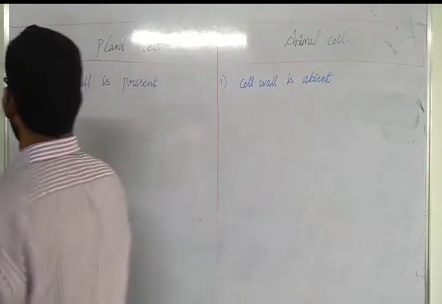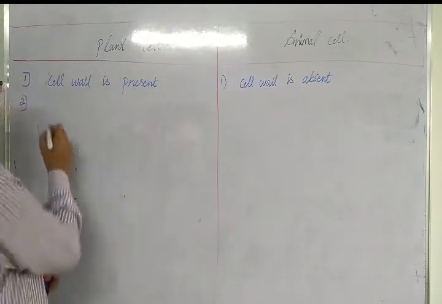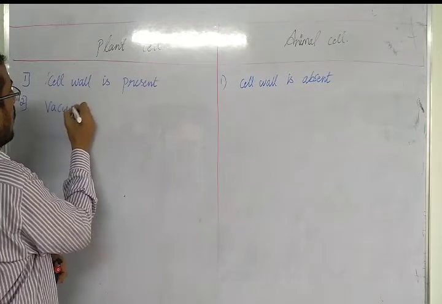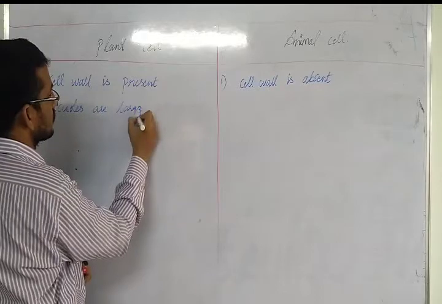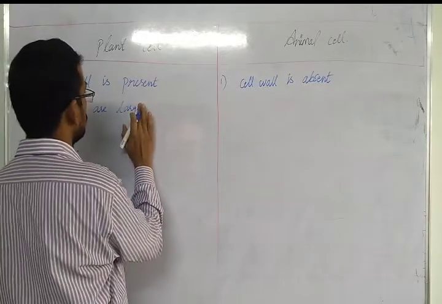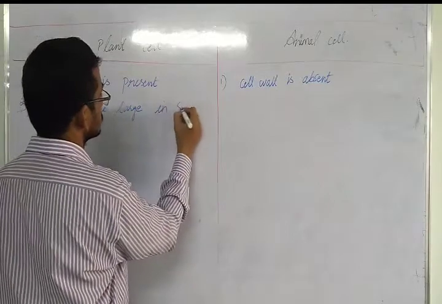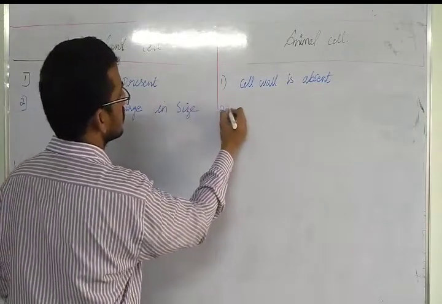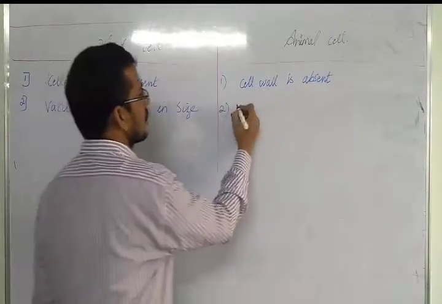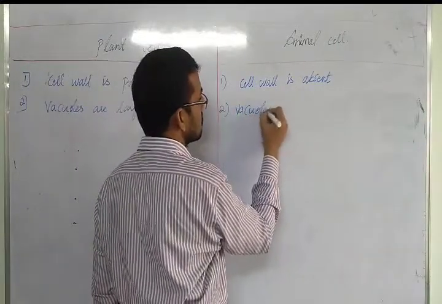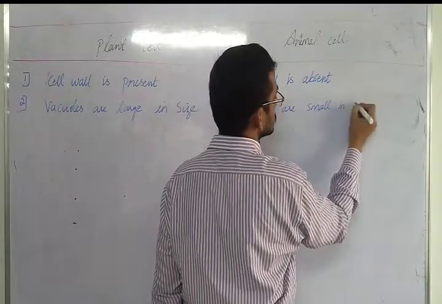Next, vacuoles are large in size in the plant cell, while in the animal cell vacuoles are small in size.